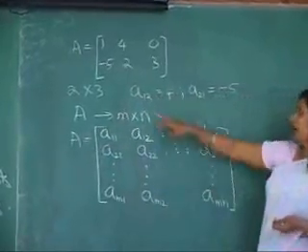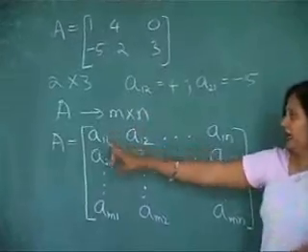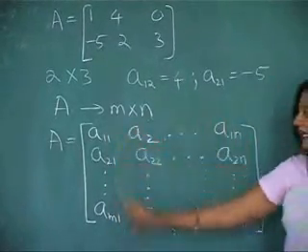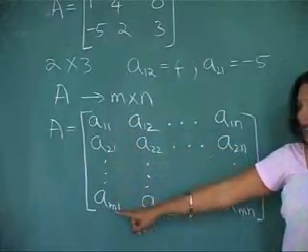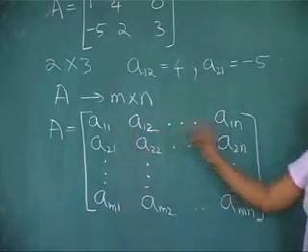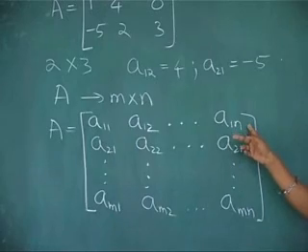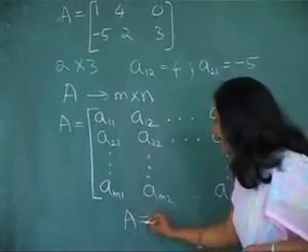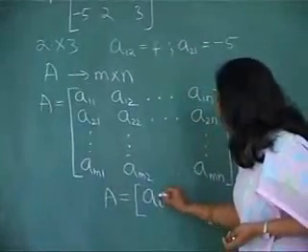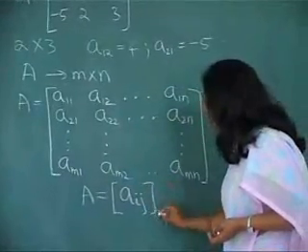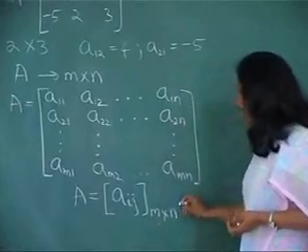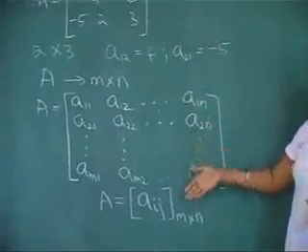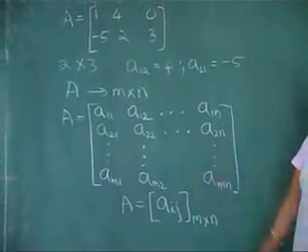So this being a matrix of order m by n, it has m rows, n columns. Everywhere the first suffix tells us the row number and the second suffix gives us the column number. And we can give the same information in a compact form as A equal to square brackets Aij m by n. So this is regarding the notation of a matrix and its elements.